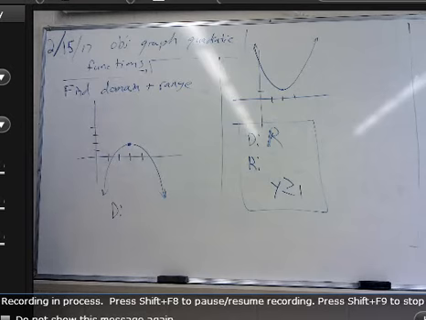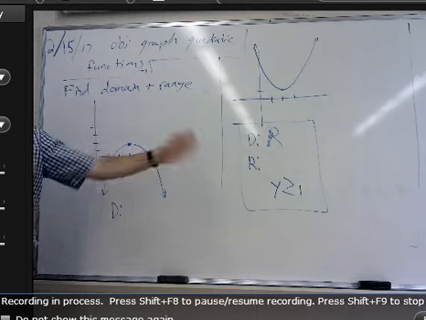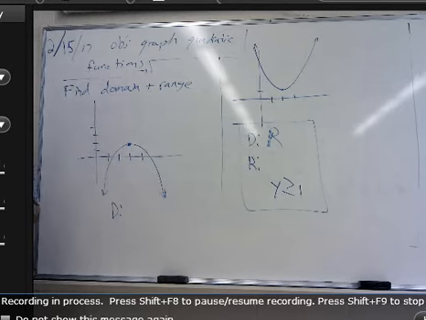Okay. So the domain essentially asks, what is the smallest x value? What is the largest x value? As we look at this arrow right here, how's this arrow pointing? Down and left. Is it going to stop going left?